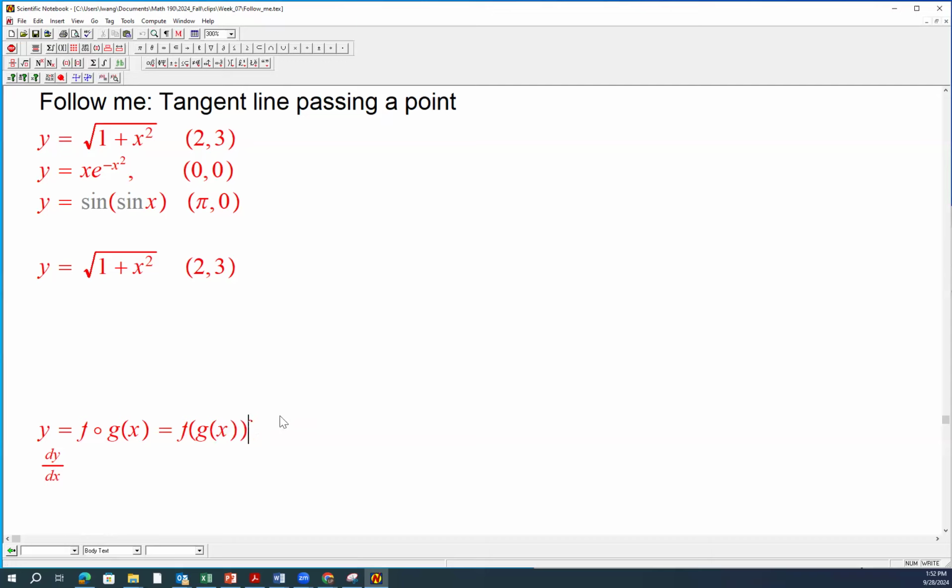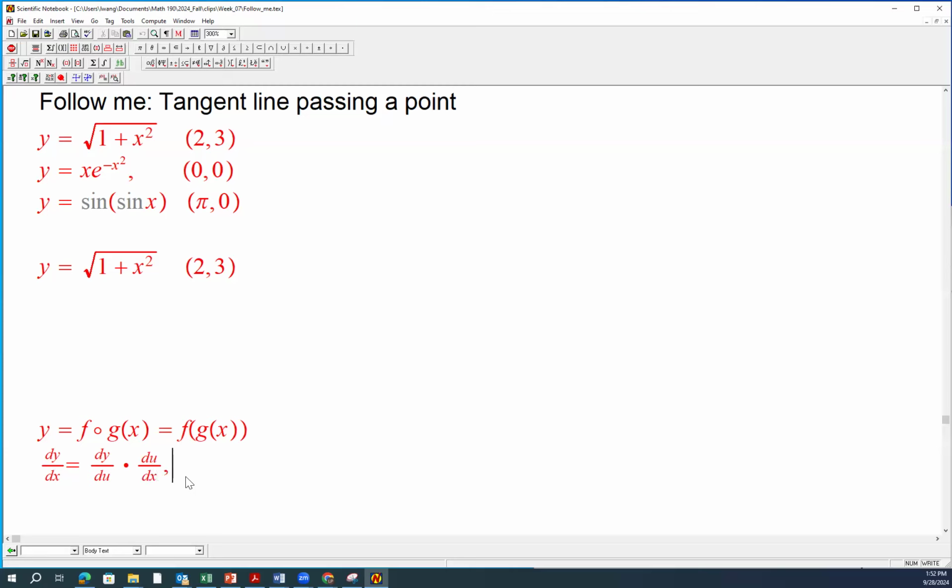And the derivative with respect to x is equal to the derivative of y with respect to u, times du/dx.